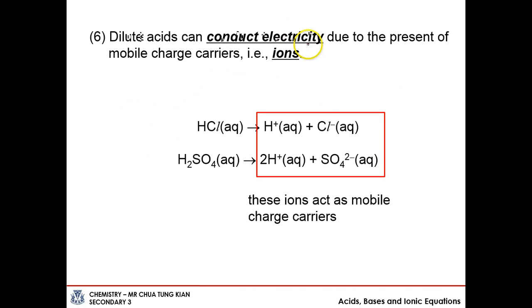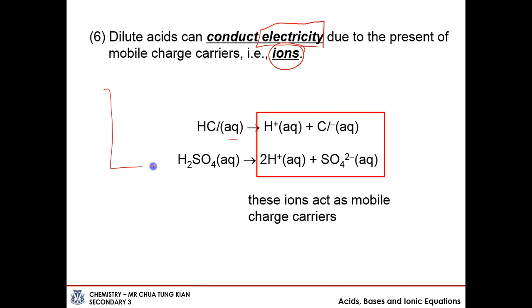Acids can also conduct electricity due to the presence of mobile charge carriers, which are ions. So from the first definition, an acid is a substance which dissociates in water to give you H plus ions. So notice that when HCl dissociates, you have H plus and Cl minus.